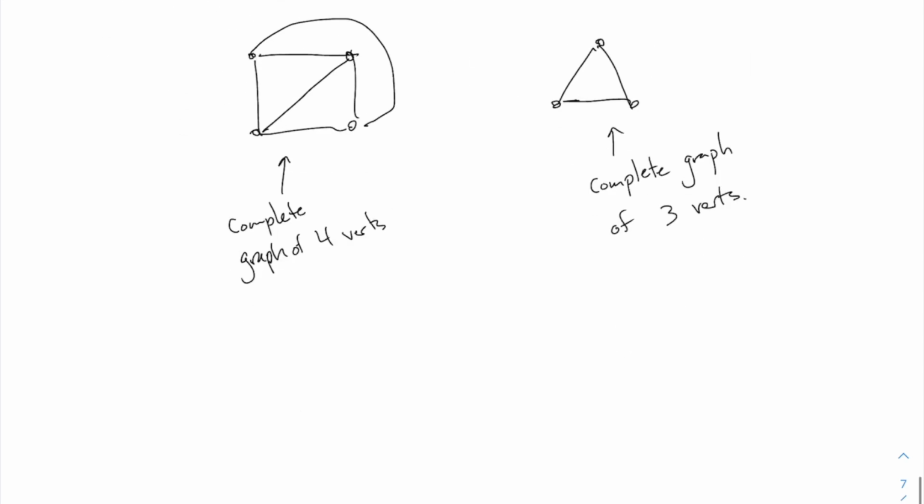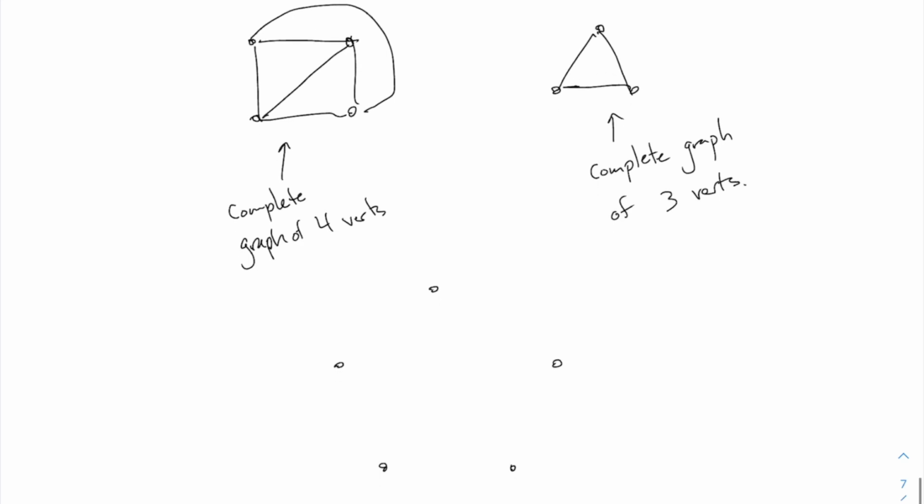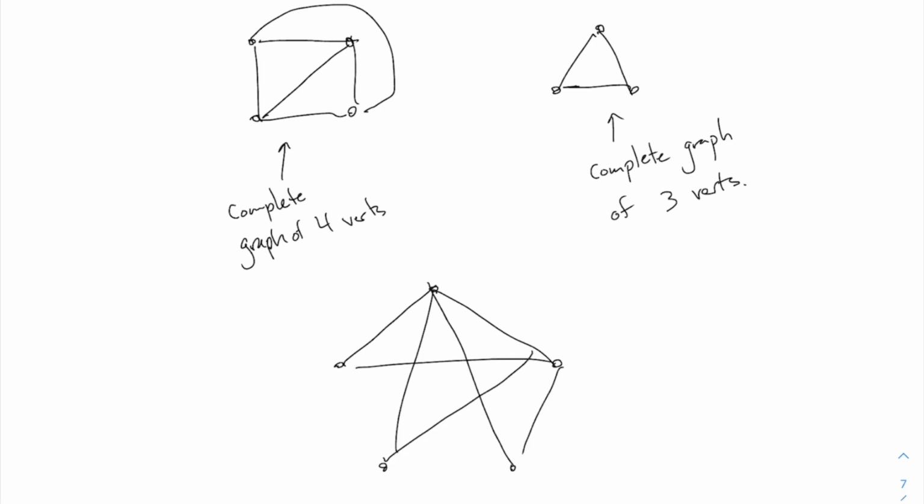You could make a complete graph with 5 vertices. How about I would just sort of start with them in a circle, and then every vertex has to connect to every other vertex. So the one on top has to connect to all the other ones. The one on the right also has to connect to all the other ones. I'll just draw like that. These ones on the bottom have to connect. Everyone has to connect to every other one.